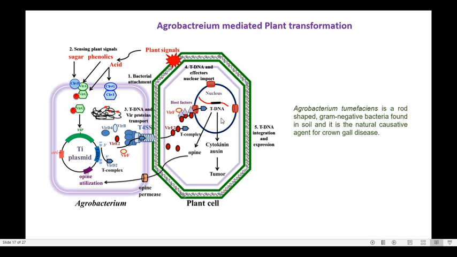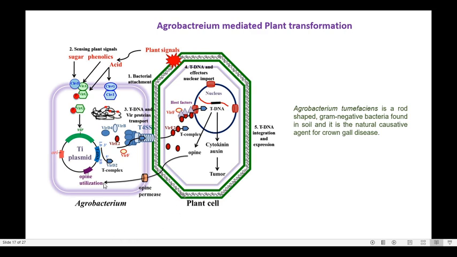Because of the biosynthesis of growth hormone, it will lead to a plant tumor, which is called crown gall disease, and the plant will produce opines and agropines. This is a carbon source for the Agrobacterium.